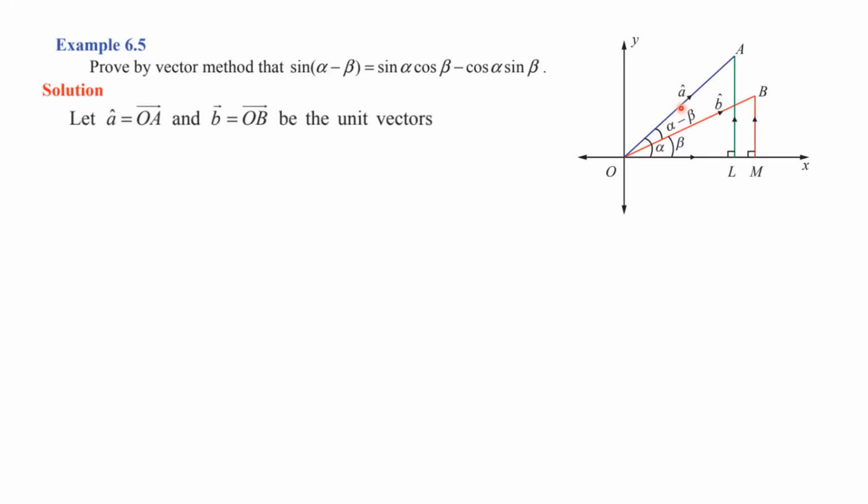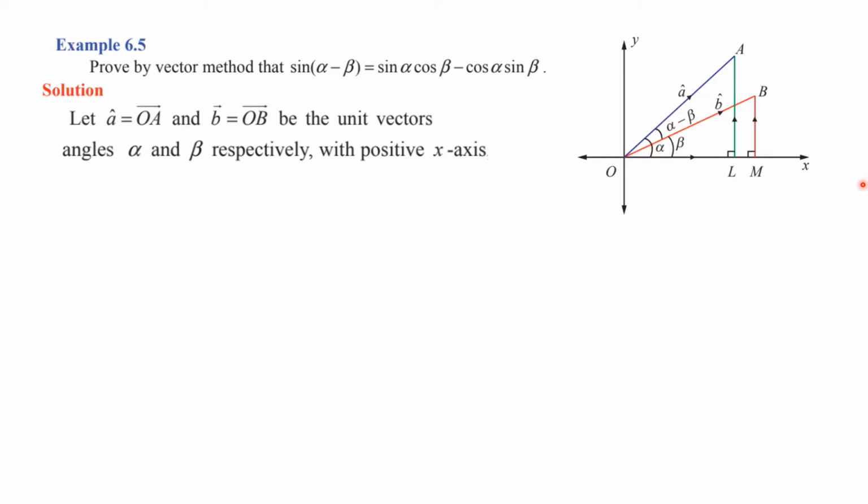So we represent them by A cap and B cap, and OA be the A cap and OB be B cap, and let alpha be the angle between x-axis and the vector A cap, and beta be the angle between x-axis and the vector B cap. All right. So you can see the angle between A cap and B cap will be alpha minus beta.